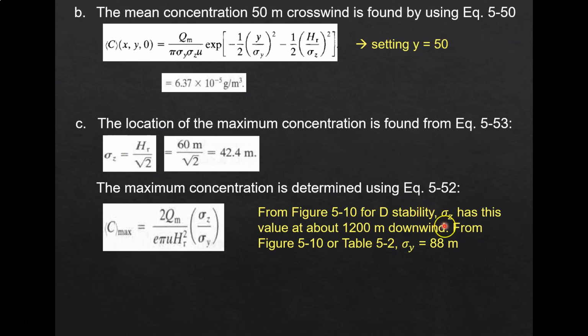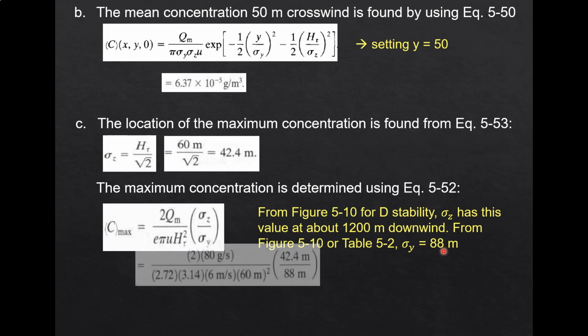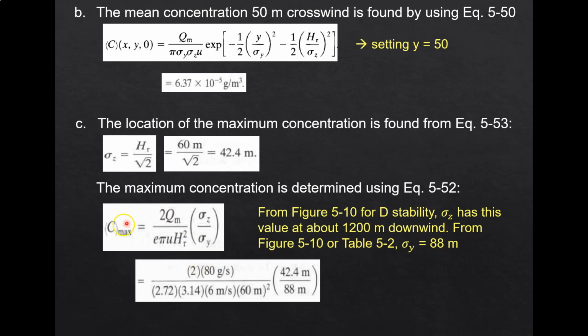Sigma z is 42.4, so sigma y is equal to 88. So put back into your equation for Cmax, the maximum concentration, then you got your answer: 4.18 times 10 to the power of negative 4.